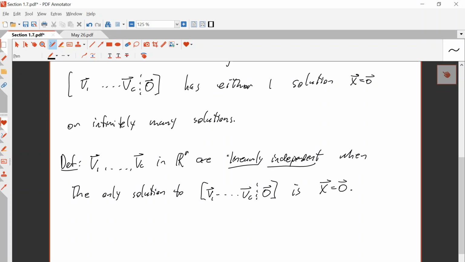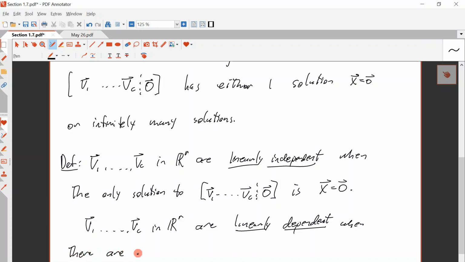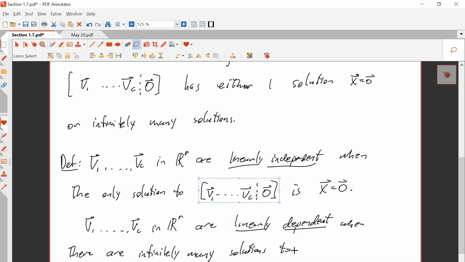And v1 to vc in R^n are linearly dependent when there are infinitely many solutions to that same system. Okay, and it's never the case that there's not a solution, right? Because the system is homogeneous, so x equal to 0 is always a solution.